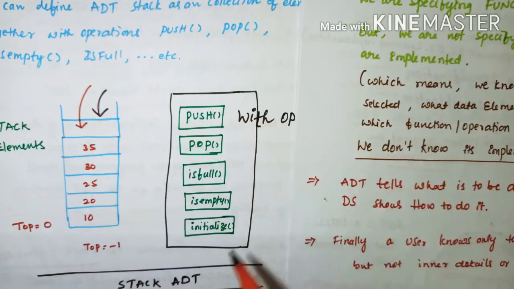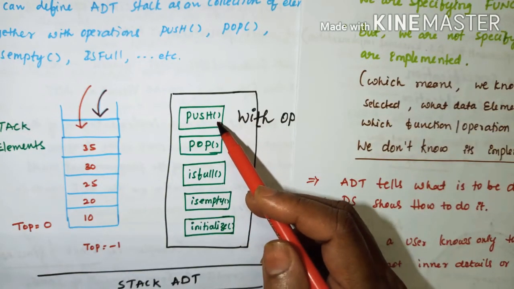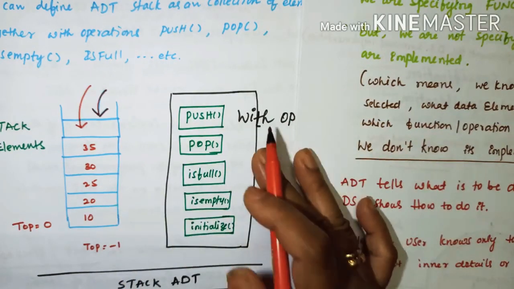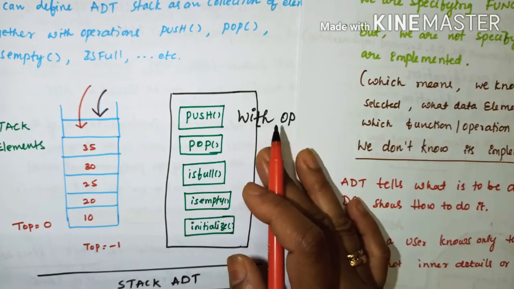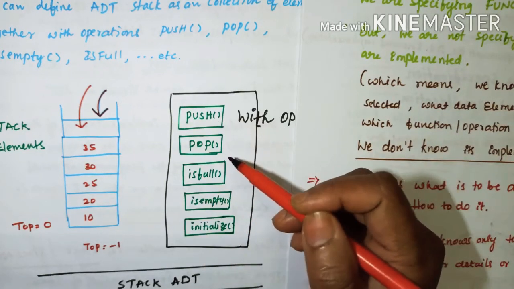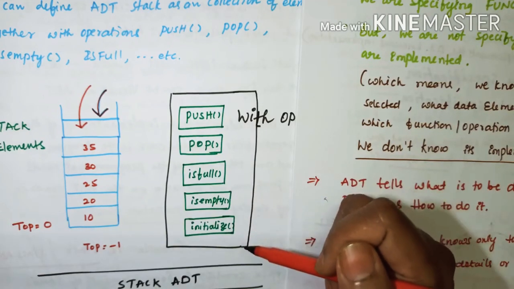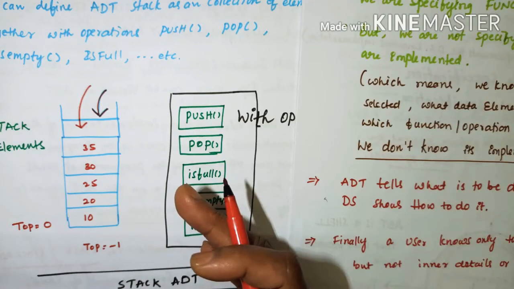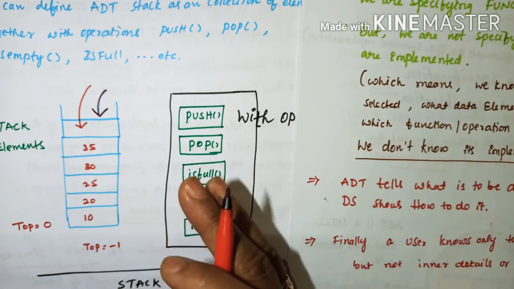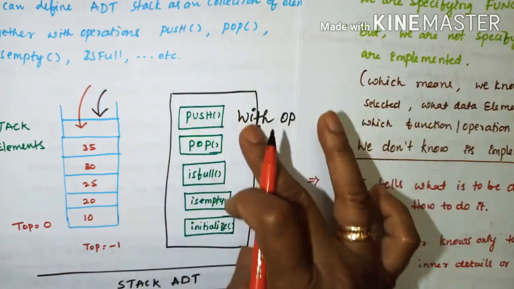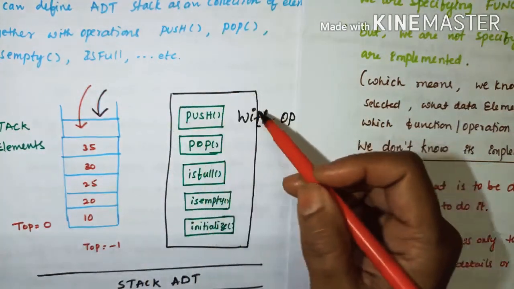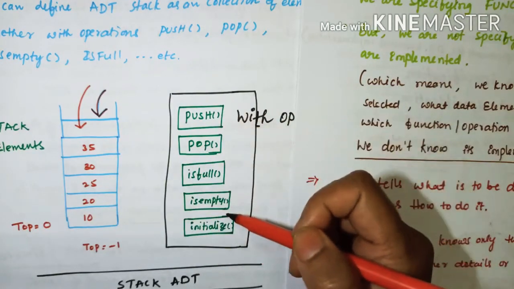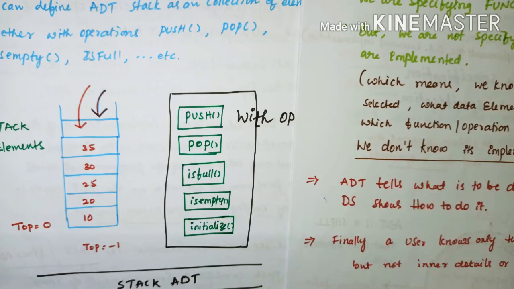I know whether I have to use a push function or pop or initialize according to the requirement of my program, but I don't know how these push, pop, is full, is empty or initialize functions are going to be performed in the background. So finally, the user knows only the outside details, not the inside details or the inside processing.